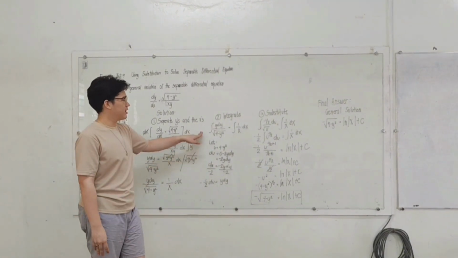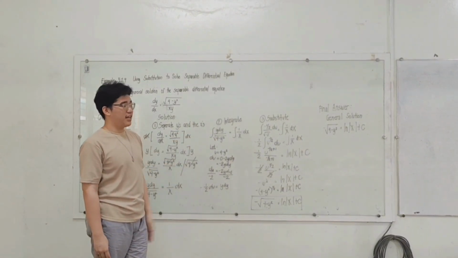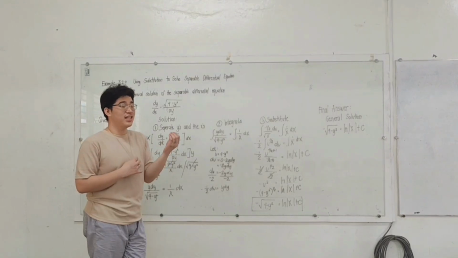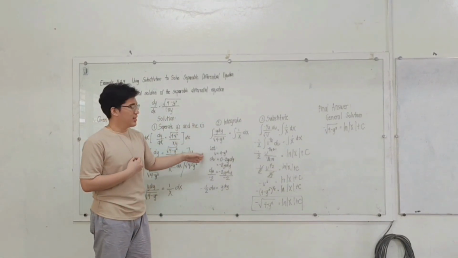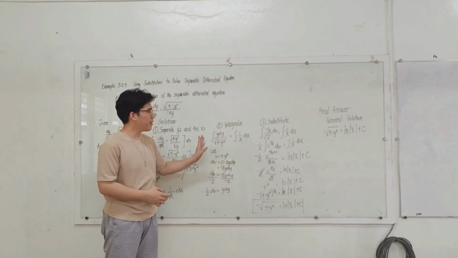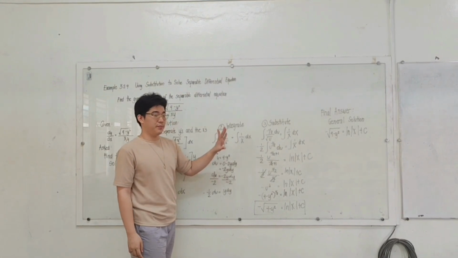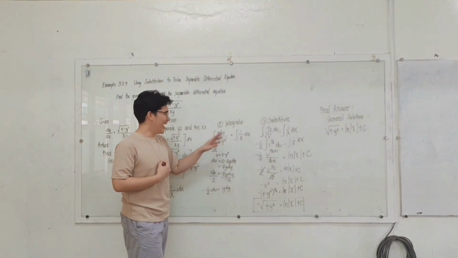So next we integrate. Tapos, because it will take us a longer time if we nitpick it, we use the substitution. So with this specific part of the equation, square root of 4 minus y squared, yan siya para maging highlight.